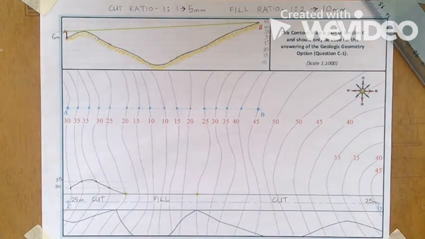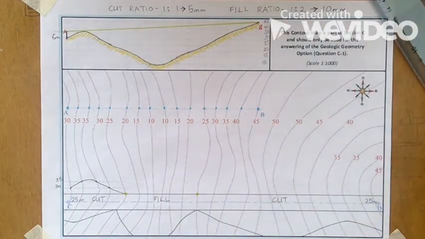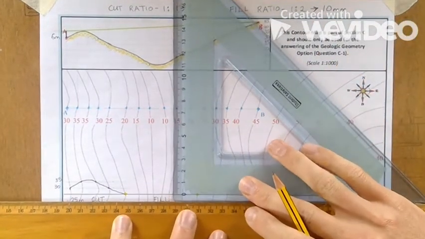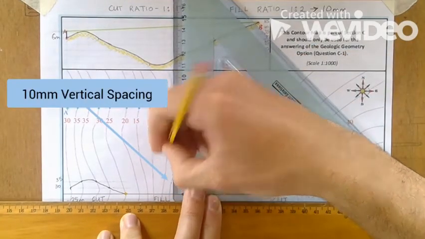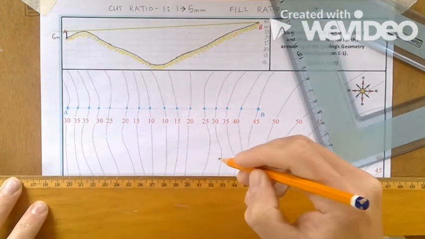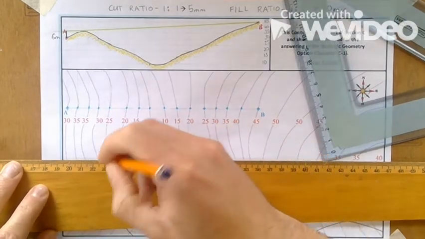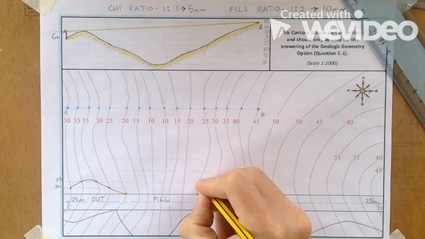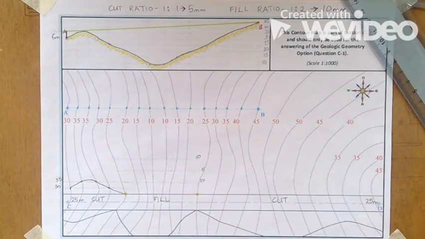Okay, now the fill part, the ratio is 1:2, and it's 10 millimeters apart. Okay, so this is 25, so this is going to be 20, 15, and 10.